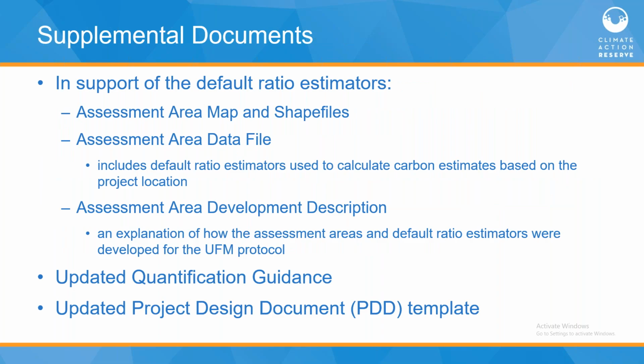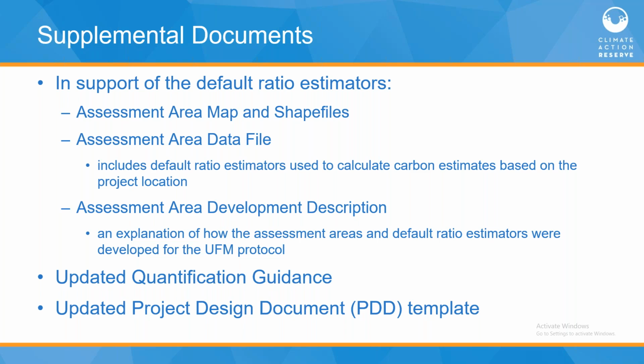And then lastly, just to really support all of the other changes that I've talked about today, we've published several supplemental documents in addition to the new protocol. So this includes assessment area maps and shape files, the assessment area data file that contains the default ratio estimators, as well as some background information about how we developed the assessment areas and how we essentially came to these default ratio estimators.